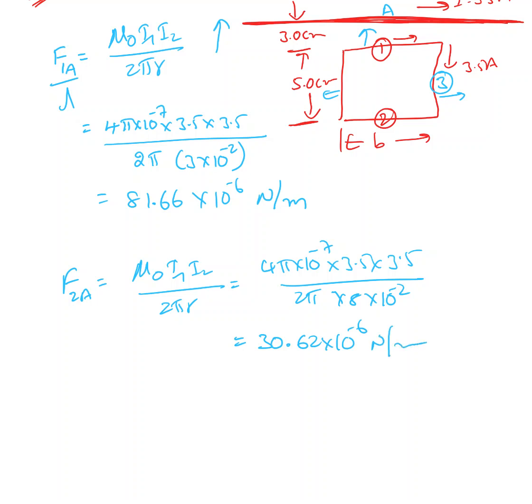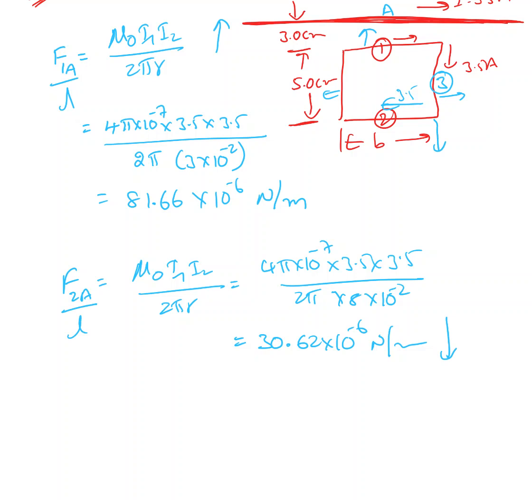If you look here, this current I is flowing in the opposite direction, so they repel each other. This conductor is going to move away, so that force is going to be towards down. This is force per unit length.